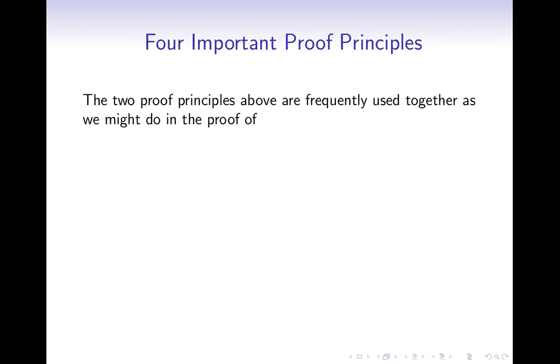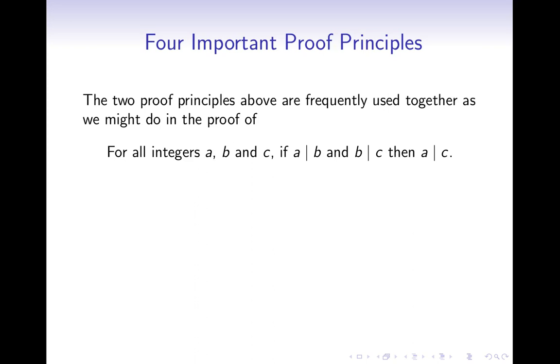So these two proof principles are frequently used together. In fact, I think statements beginning with a for all followed by an if-then occur more frequently than any other kind of statement that you will be proving in mathematics. So I've combined those two principles into a third principle.